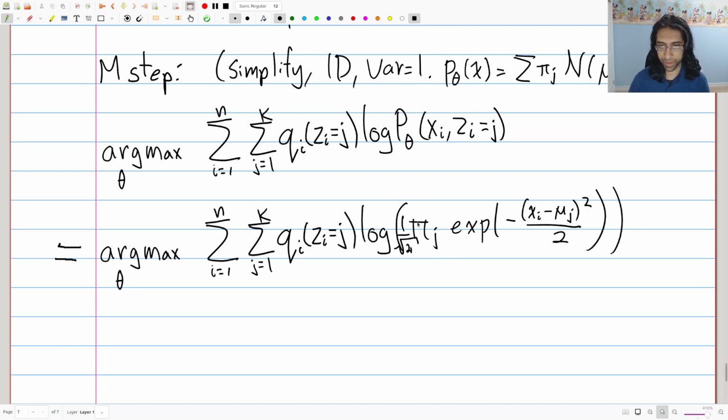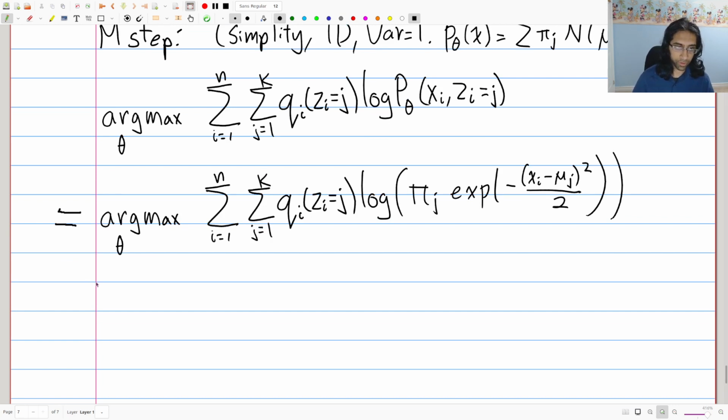For similar reasons as before, we can just ignore that. So this can be decomposed a bit into the following, and we have summation qi equals j.